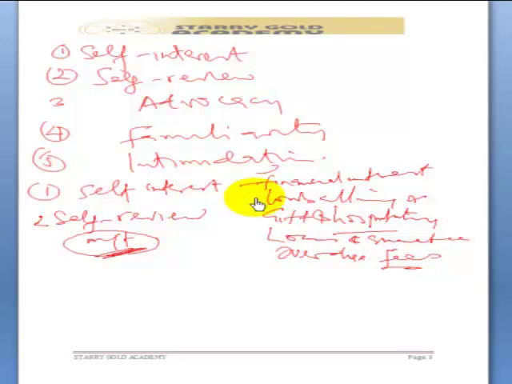So the next threat is advocacy. What do we mean by advocacy? Advocacy is a situation whereby the audit firm is canvassing for the client in a particular area.